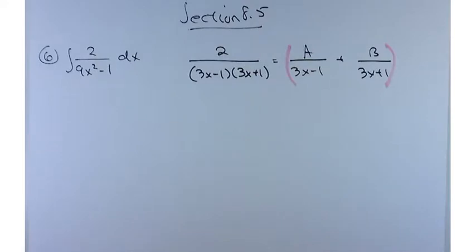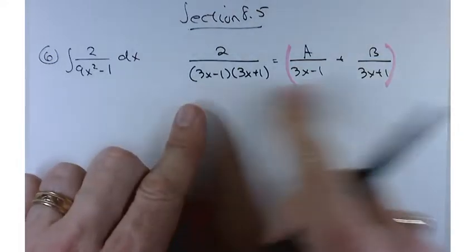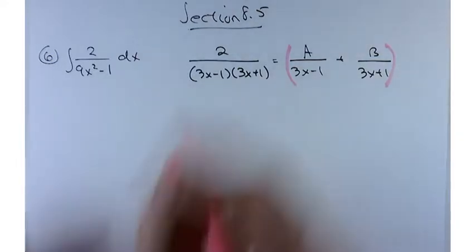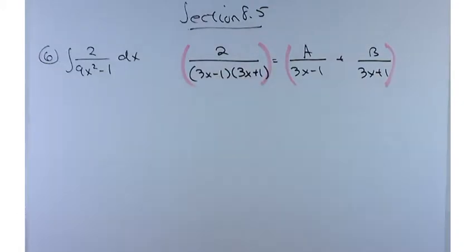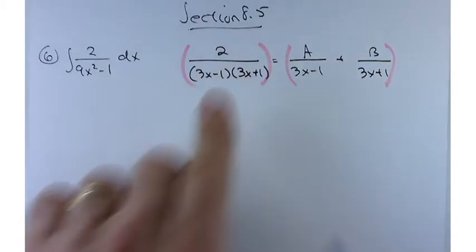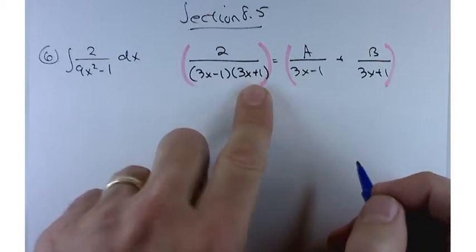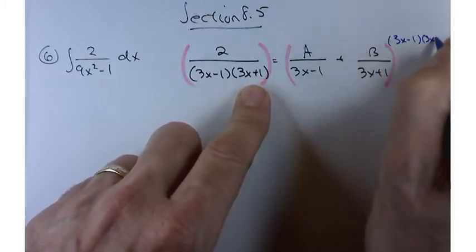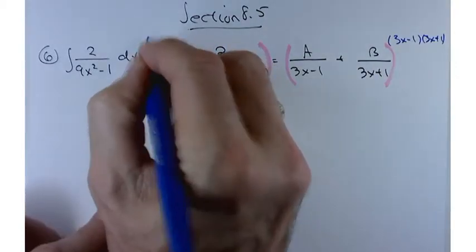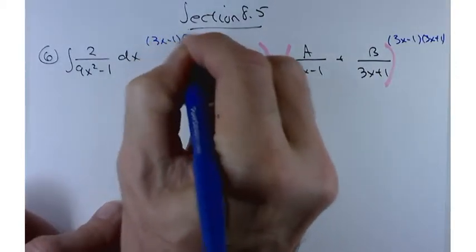The first thing I'll do, either way I solve this, is multiply both sides by the lowest common denominator, which is 3x minus 1 times 3x plus 1.